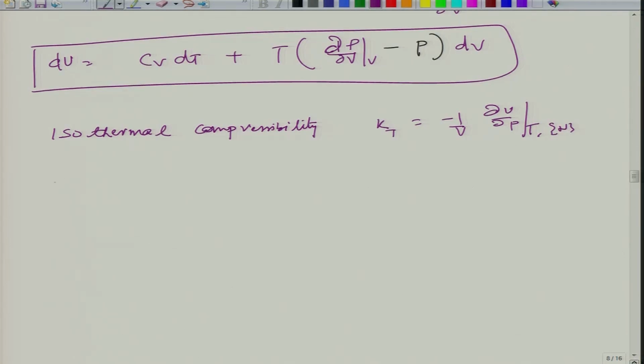In addition to this, we would also be interested in this variable, because we can calculate it in the experiment: the coefficient of thermal expansion, or expansivity. Many times this is also called volume expansivity.